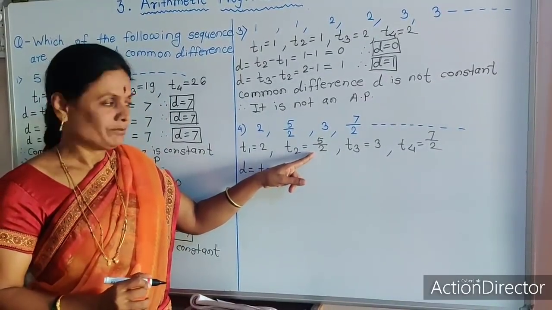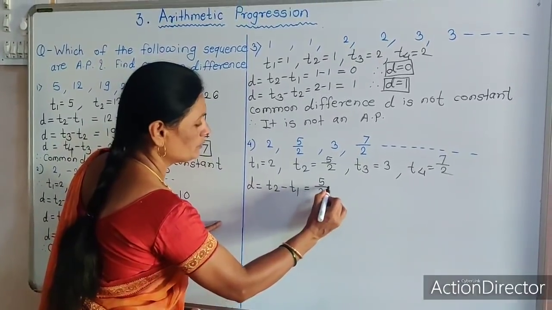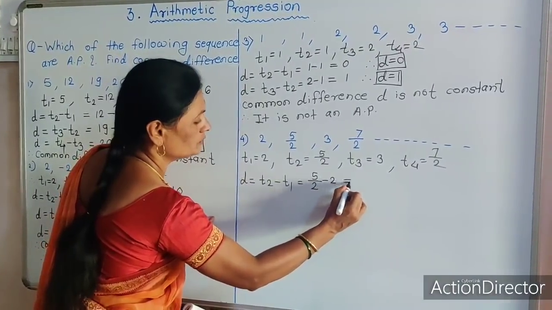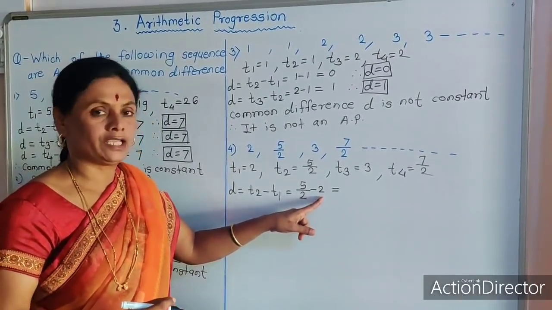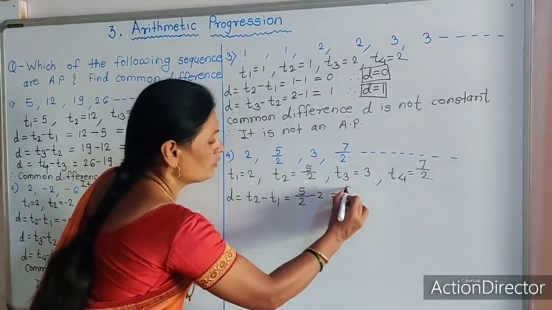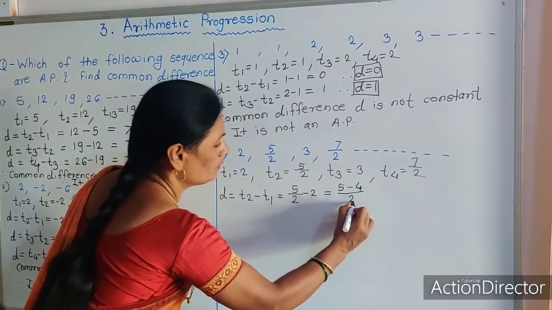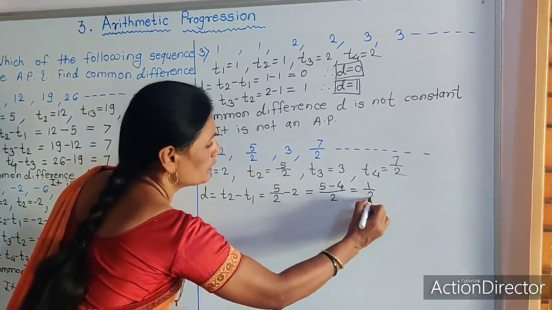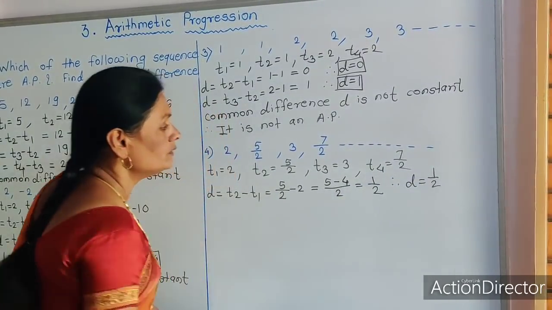T2 is 5 upon 2, so 5 upon 2 minus 2. Now look here, the denominator is not the same. Therefore, by cross multiplication we get 5 minus 4 upon 2, which is equal to 1 upon 2. Therefore D is equal to 1 upon 2.